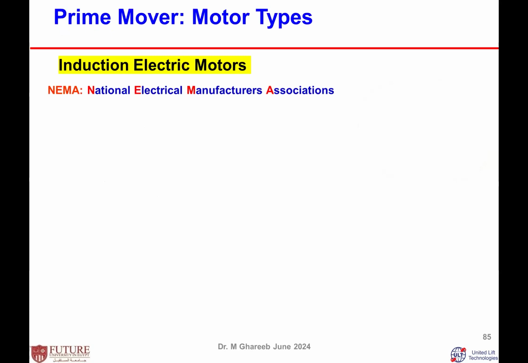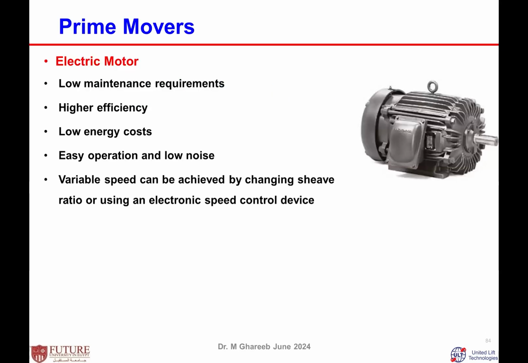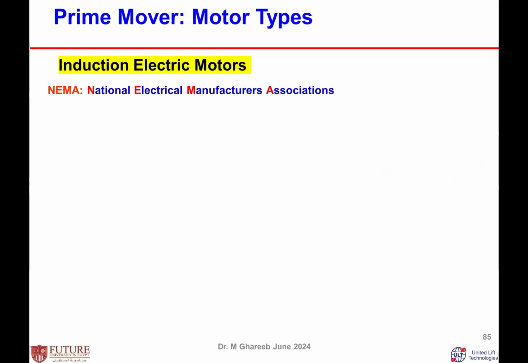According to the prime mover or motor, there are different types of motor. Like the one in the picture, what we call the induction electric motor. These are electrical parts, and I will not go deep on that, but the most commonly used worldwide is the induction motor, specified by NEMA, the National Electrical Manufacturers Association.